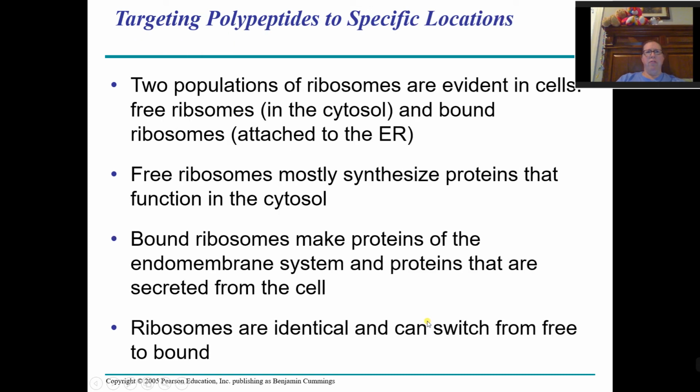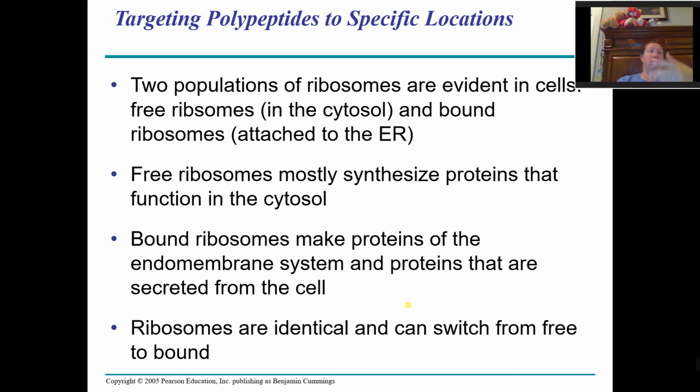And there's some post-translational stuff on that slide back there. The ribosomes are identical, so the ribosomes that are on the ER and the ones that are floating around can come on and off as much as they need to, right? It depends on the type of cell. If you have a bunch of free-floating ribosomes, chances are the cell is making something that's going to be exported out or secreted, so you're going to need a lot of free-floating ribosomes because it's the function of the cell.